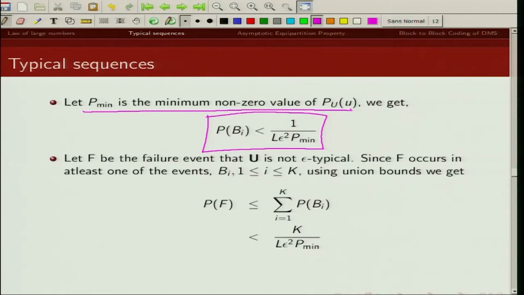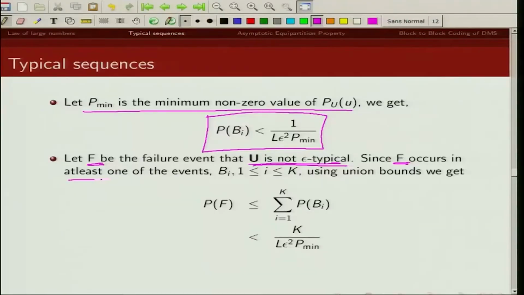Now we define F to be the failure event that u is not a typical sequence. When will u not be a typical sequence? When any of the events Bi occurs. If A1 does not satisfy the condition for a typical sequence and the other Ais do, it is still not a typical sequence.